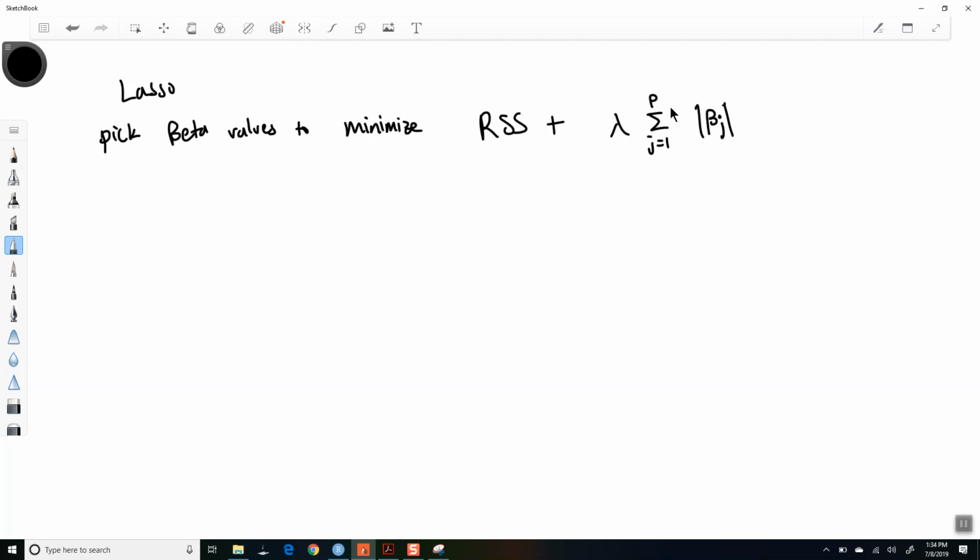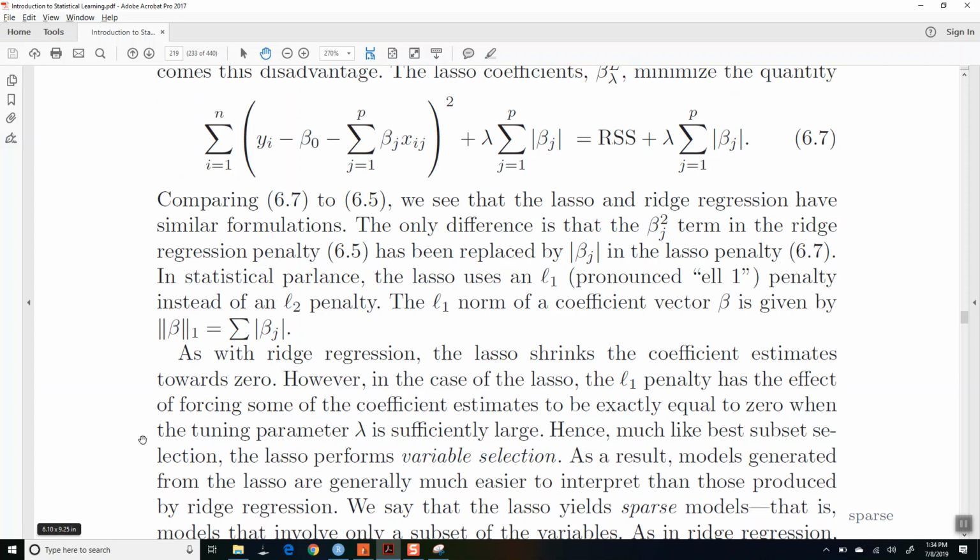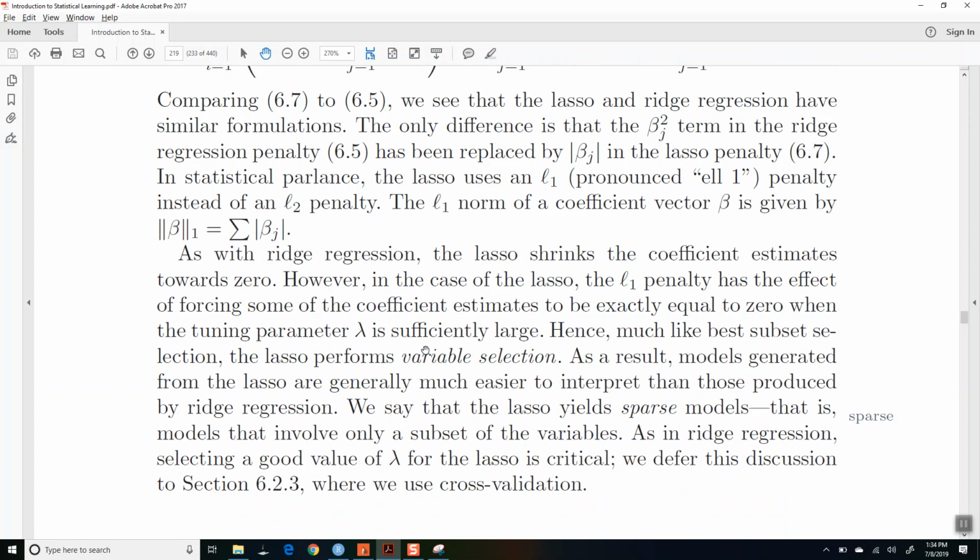And so what lasso ends up favoring is models where beta ends up 0, okay? It's going to favor models where some of the coefficients for the variables get pushed down to 0. And because of that, lasso ends up performing variable selection for us, okay?